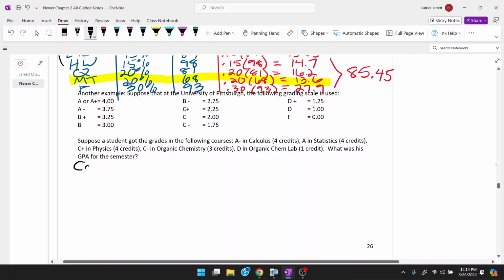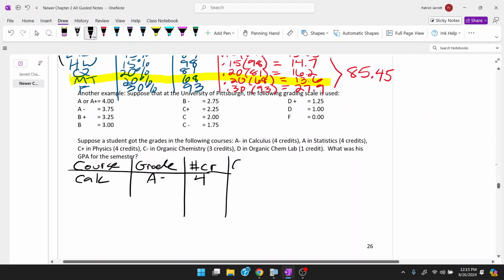Each course has an assigned number of credit hours. For instance, when I took calculus, the grade was an A minus, and it was 4 credits.